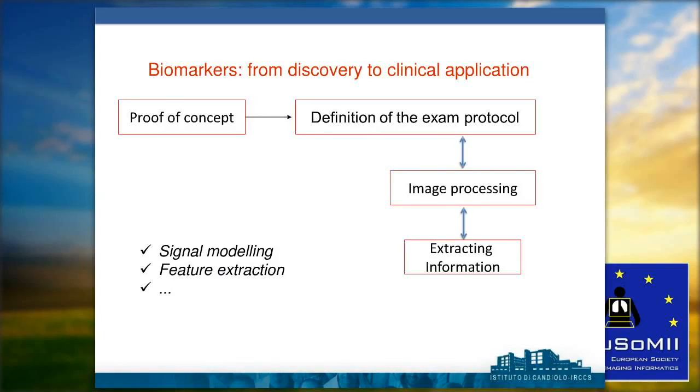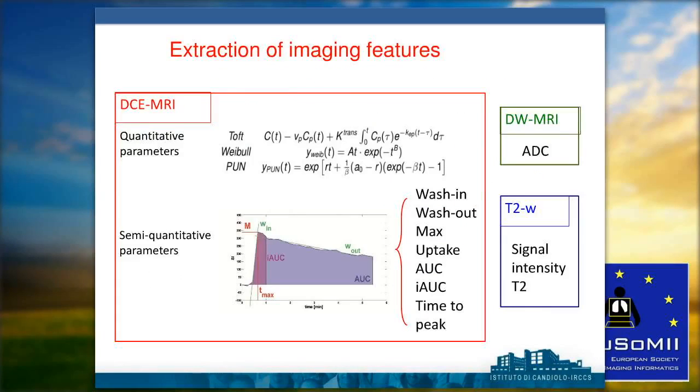There are different types of information we need to extract. We can extract information from the dynamic contrast: wash in, wash out, maximum uptake, area under curve, time to peak. We have also, above, quantitative parameters.